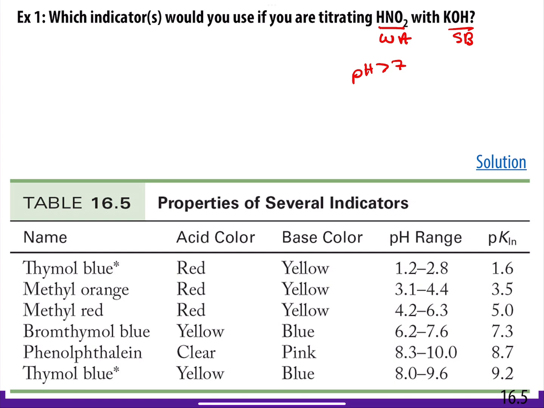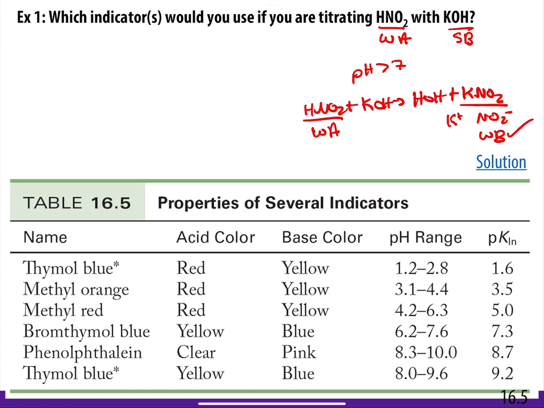If we think about the products of this reaction, it's going to be HNO2 plus KOH goes to HOH plus KNO2. Since those are the products, KNO2 is the salt that we form. K+ is an ineffective acid, doesn't affect the pH. NO2- is a weak base because HNO2 is a weak acid. So that makes this basic at the equivalence point.